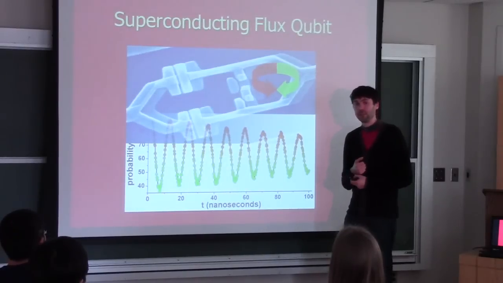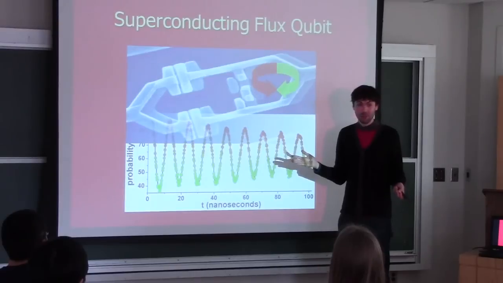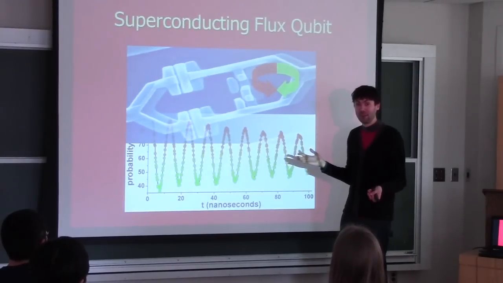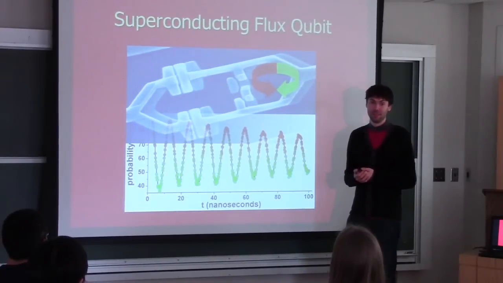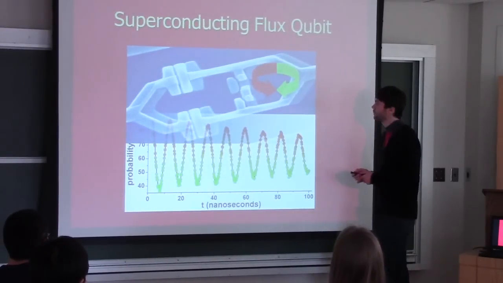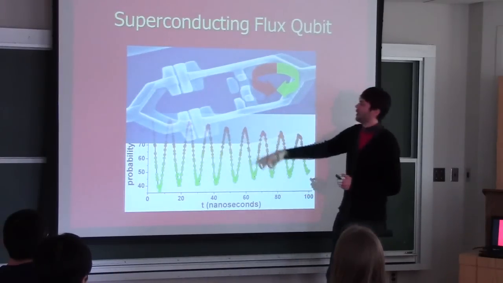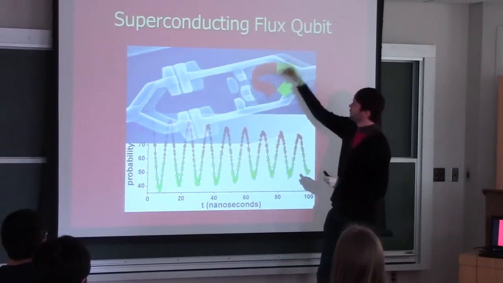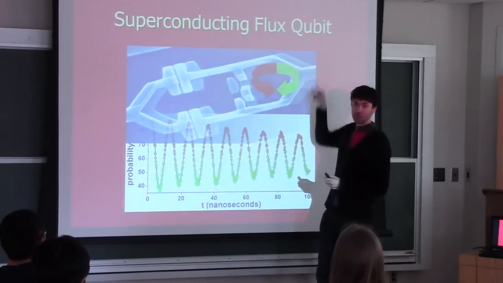Although this is a disputed point, because again, this dimension is 1 micron, and you have seen before that there are many quantum effects that manifest themselves at this length scale. So again, these oscillations are where they let the current evolve, and then after some time they measure: does it flow this way or this way?